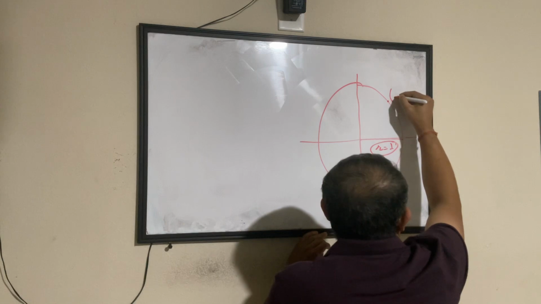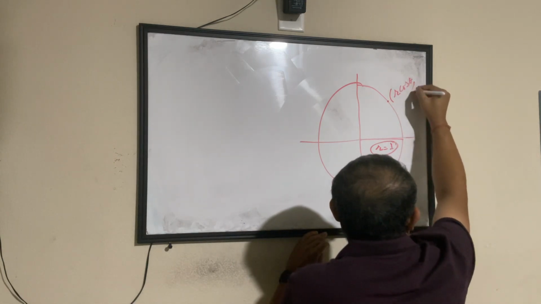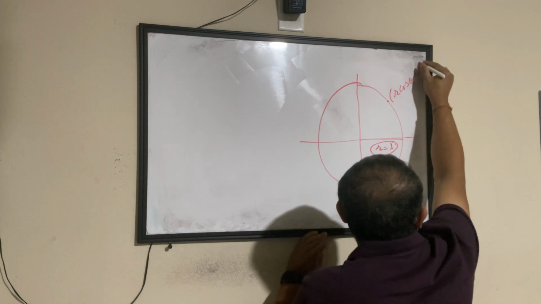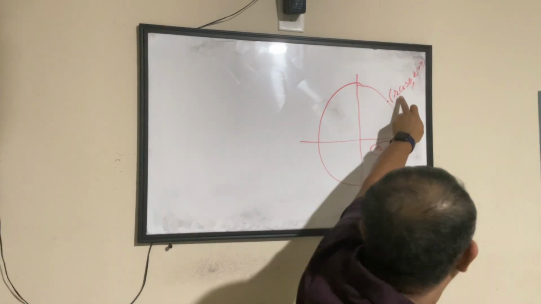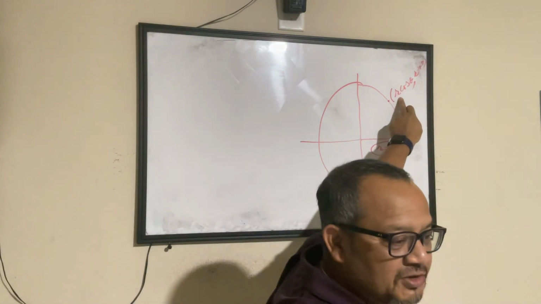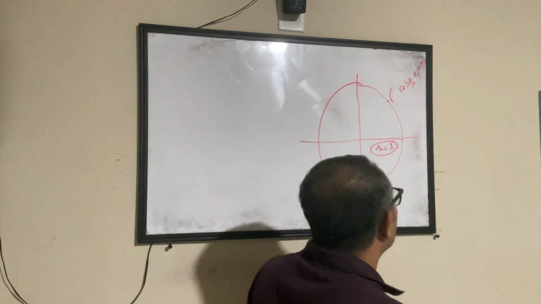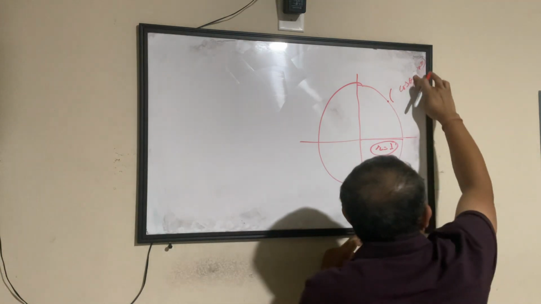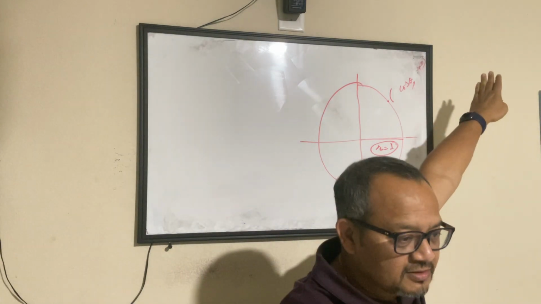I said the x coordinate is r cos theta and the y coordinate is r sine theta. Remember? Here r is a unit, actually 1. So when you refer to a unit circle, you can assume that the x coordinate will be cos theta and the y coordinate will be sine theta.